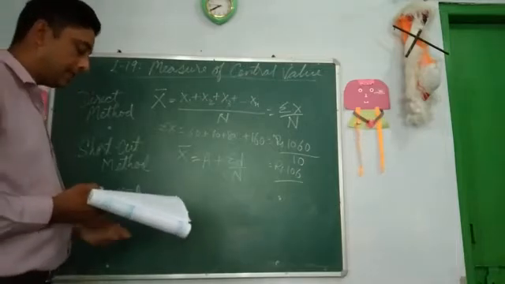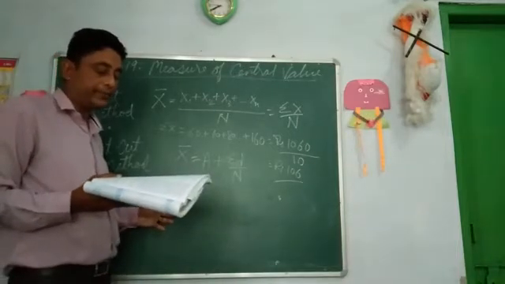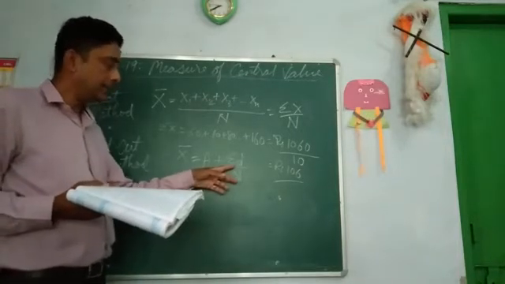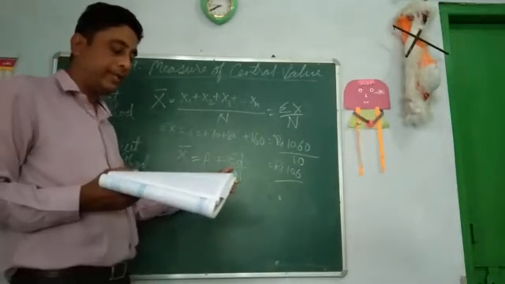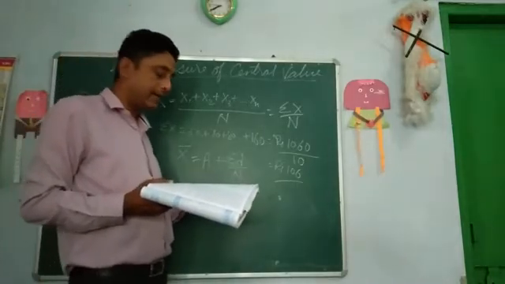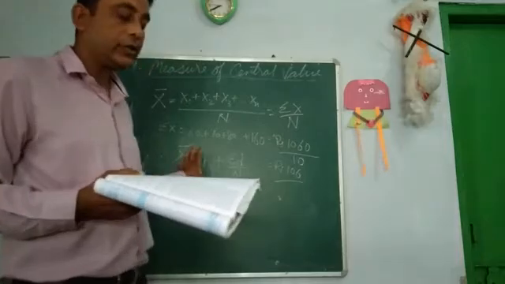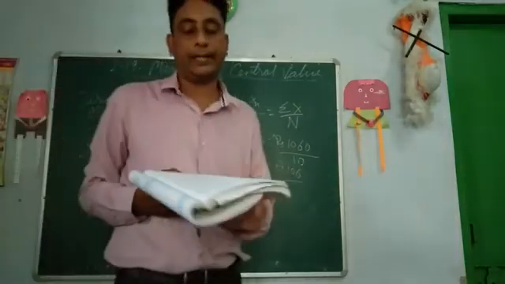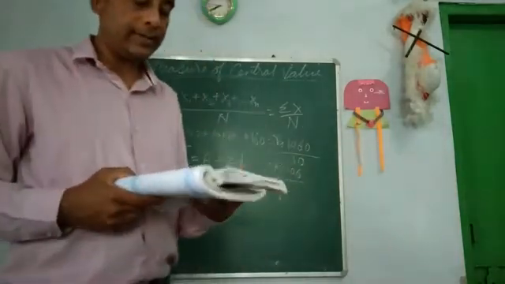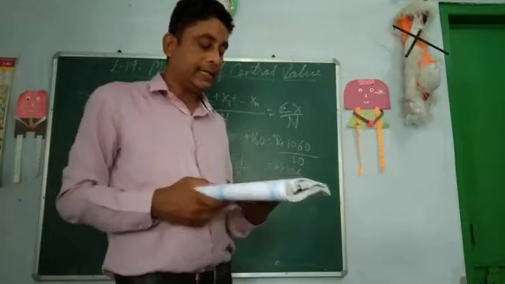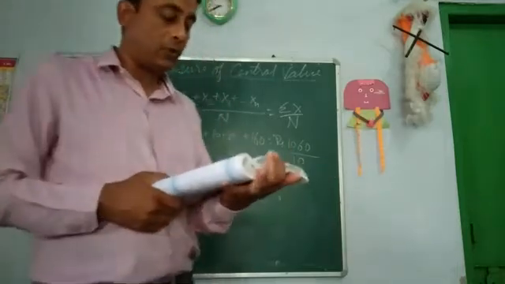Sum of d is the sum of deviations from the assumed mean, divided by n, the number of observations. So this is the shortcut method. We will see it in example 2 by applying it in the formula.